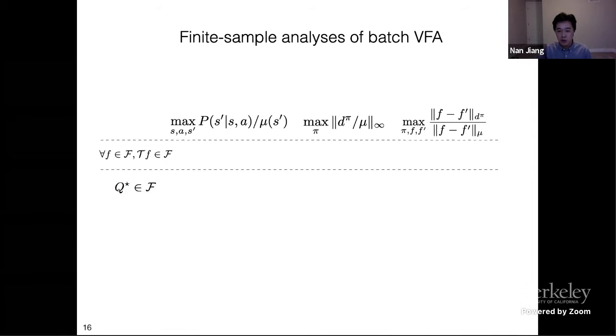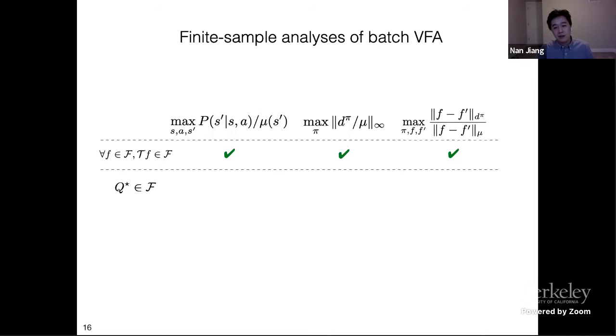Okay, so to conclude the talk, I want to give you a little bit of a technical overview of the landscape of finite sample analysis for batch value function approximation. It turns out that existing works have, for a long time, mostly focused on these two cases where we have the concentrability coefficient assumptions and also this closure property of your function space.